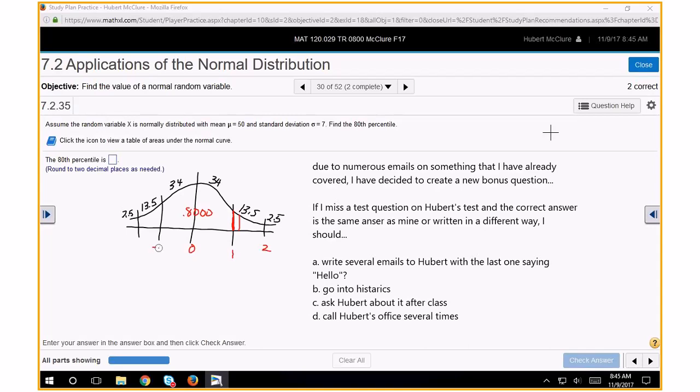Remember, the empirical rule is just an estimate, right? It's not as detailed as actual calculation, so it may work out to be 1, and that's fine. But you better make sure, because it could be 1.05 or something like that.